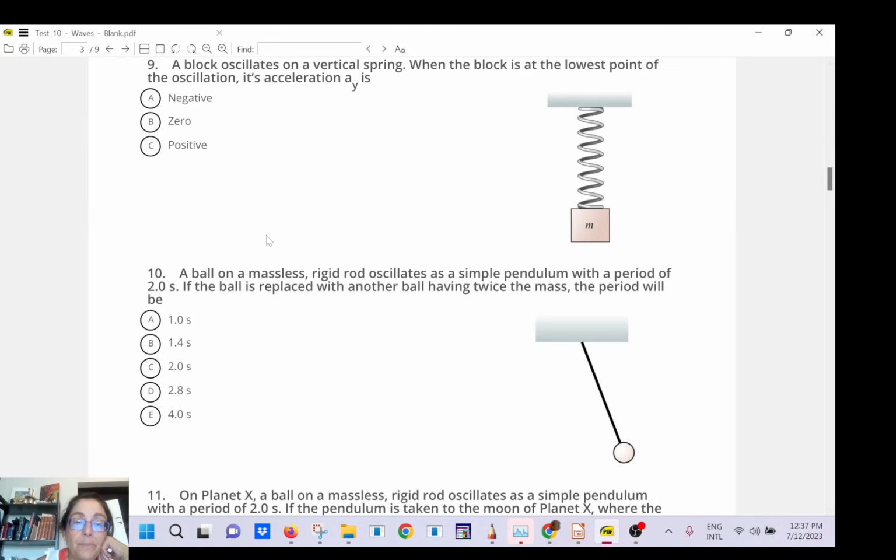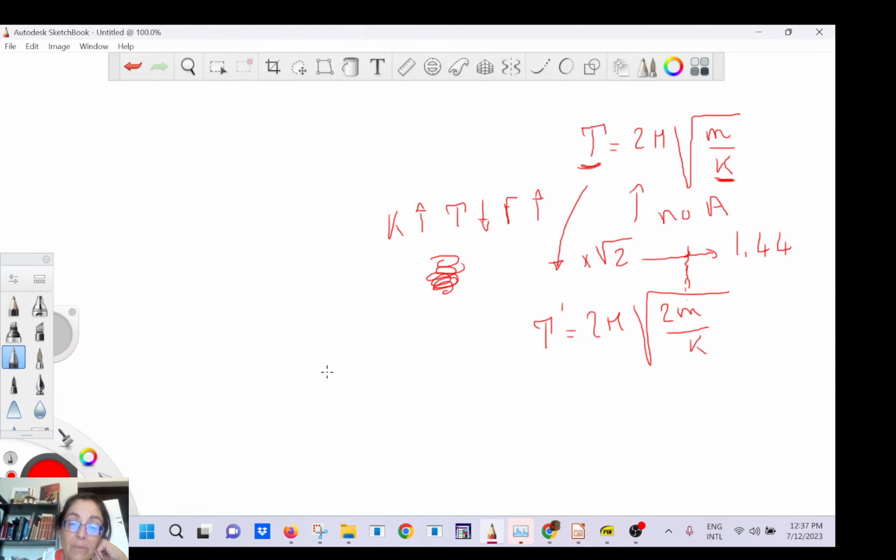So the pendulum, we already discussed that. That's a tricky question, a typical question. If you double the mass, you want to say, okay, maybe it's going to go faster. But actually, when you look at the equation for the period of a pendulum, the period equals 2 pi square root of L over g. It's an approximation, if you're not moving the pendulum too far away from its initial position.